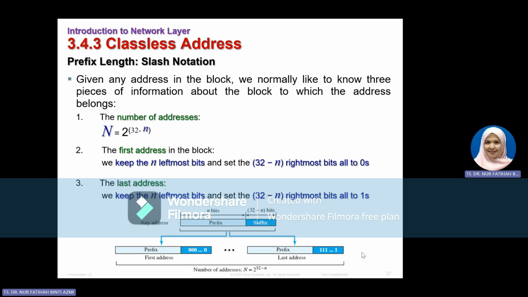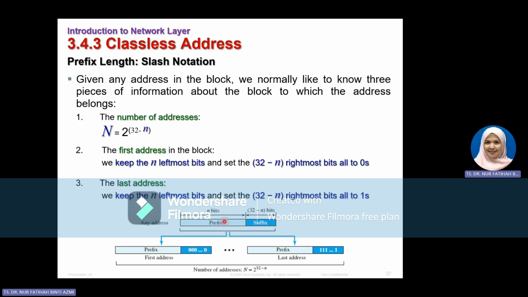There are three important things we need to know when working with an address block. The first one is the number of addresses. You use this formula: N is equal to 2 to the power of 32 minus n, where 32 is the total number of bits normally used in IPv4, and n is the number of bits used for the network or prefix.